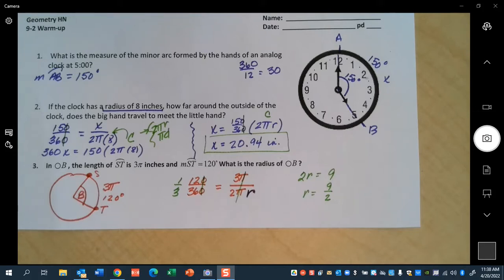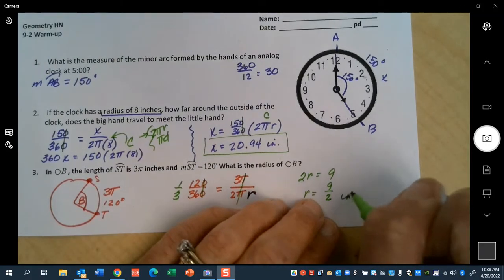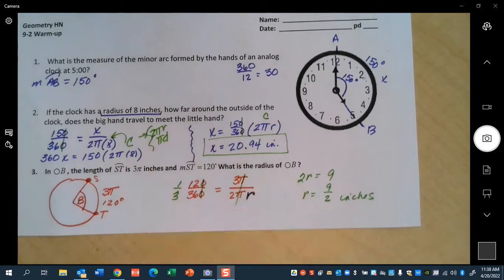So then I have 2 times r is equal to 3 times 3. I did cross products, which means r is equal to 9/2. How we doing? And I guess I should call that inches. Okay?